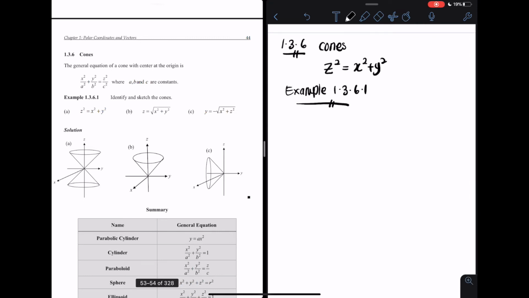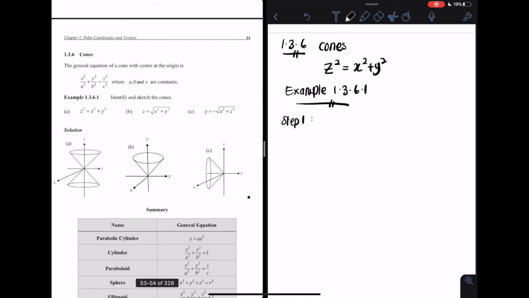So for example, right now for step number 1, as mentioned earlier, you can choose to let z is equal to 0 or draw the level curve. According to this question, it will be inappropriate to choose z is equal to 0.